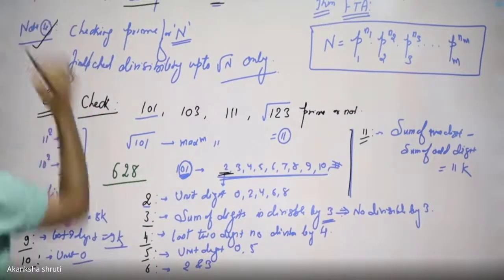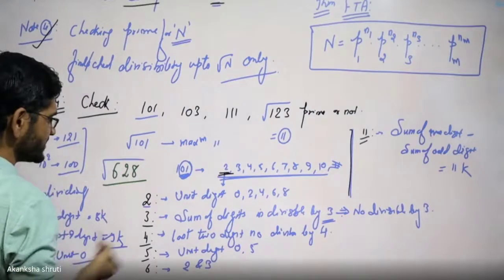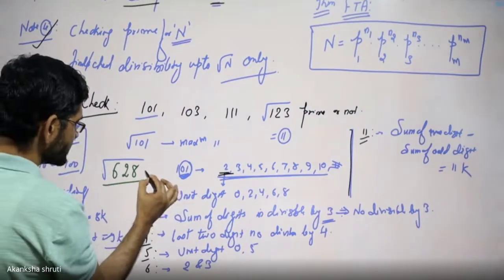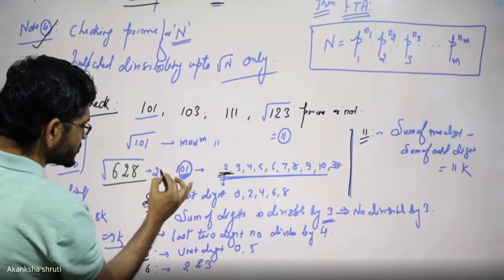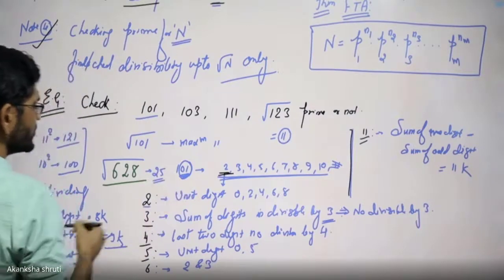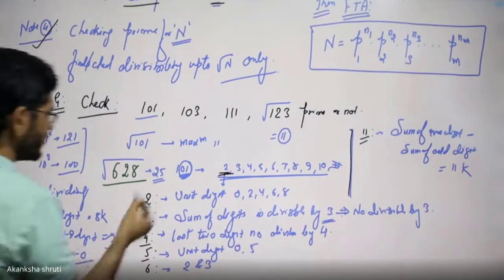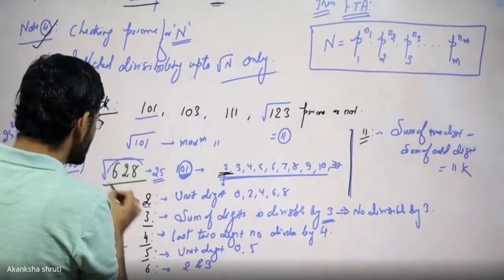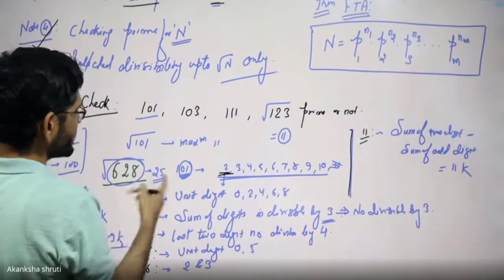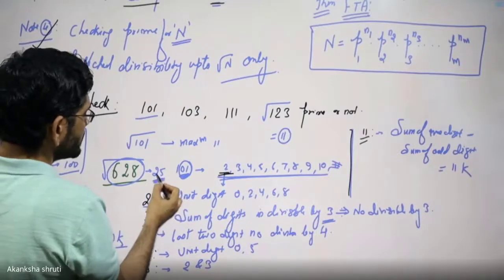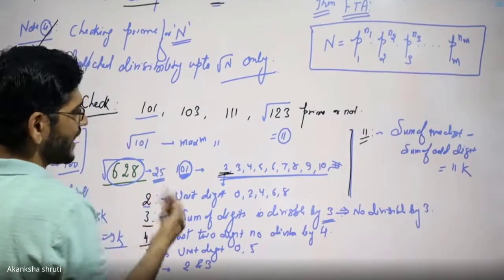For that you just need to take the square root. You know that the nearest integer is 25, because 25 square is 625. Therefore, we shall check the divisibility of this number up to 25 only.